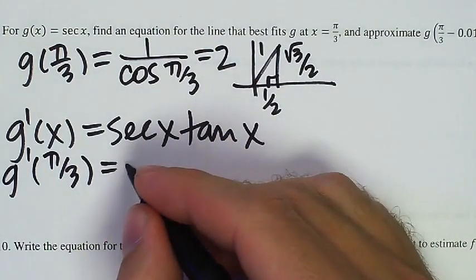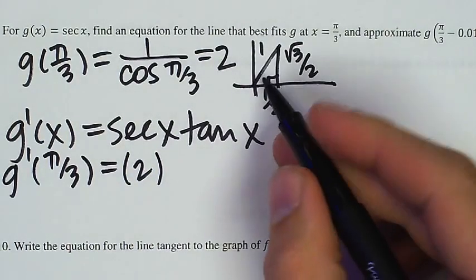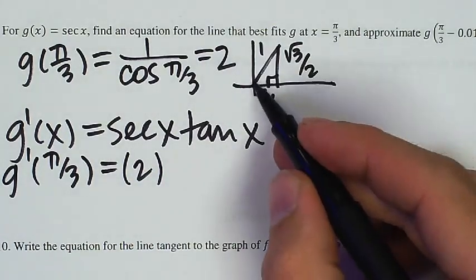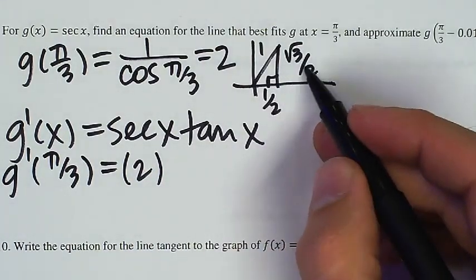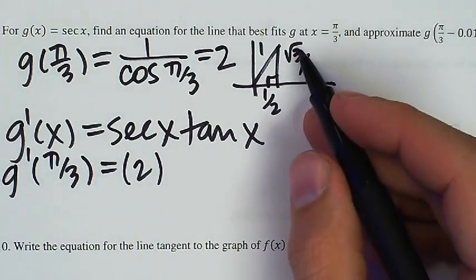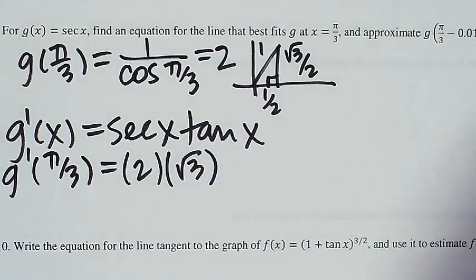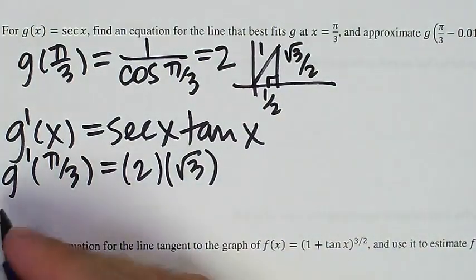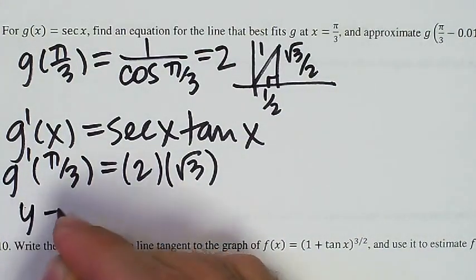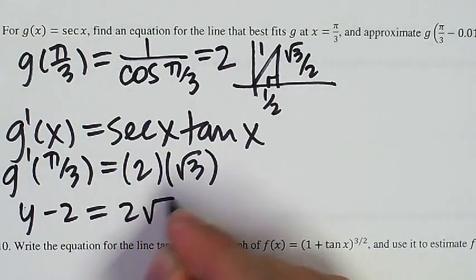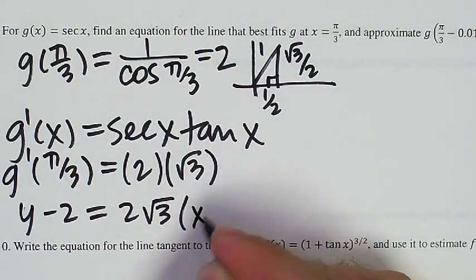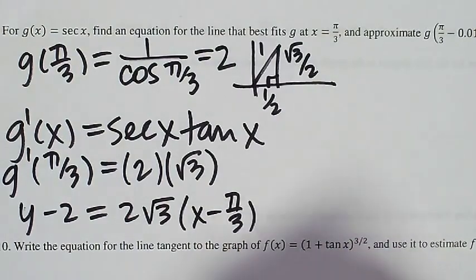We already did secant of pi over 3. That's 2. Tangent is SOHCAHTOA. Okay, opposite over adjacent. Root 3 over 2 divided by 1 over 2 is root 3 divided by 1. Okay. So my equation is going to be y minus 2 equals 2 root 3 times x minus pi over 3.